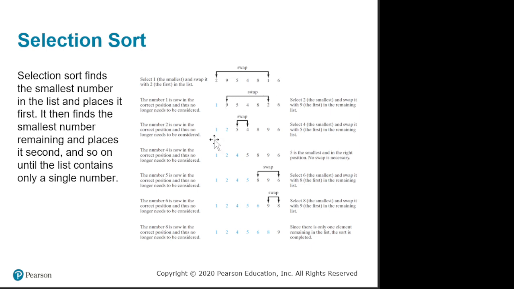Then it works its way to the next number, which is 9 in the list, and it swaps those. Then it swaps 4 and 5, and so on. Notice how it starts with the 0th element and gets that to be the smallest number.